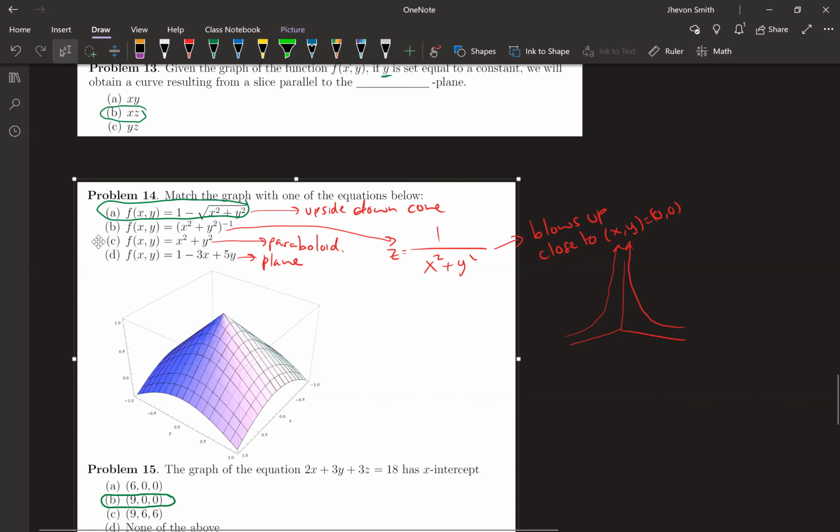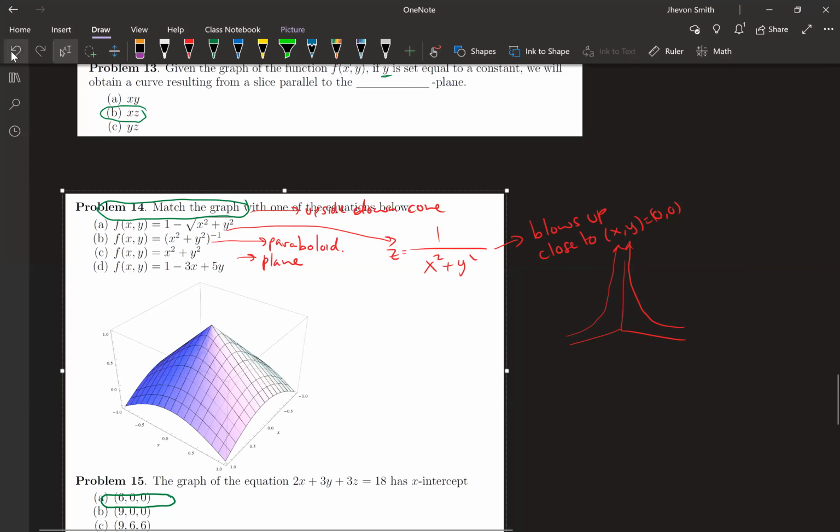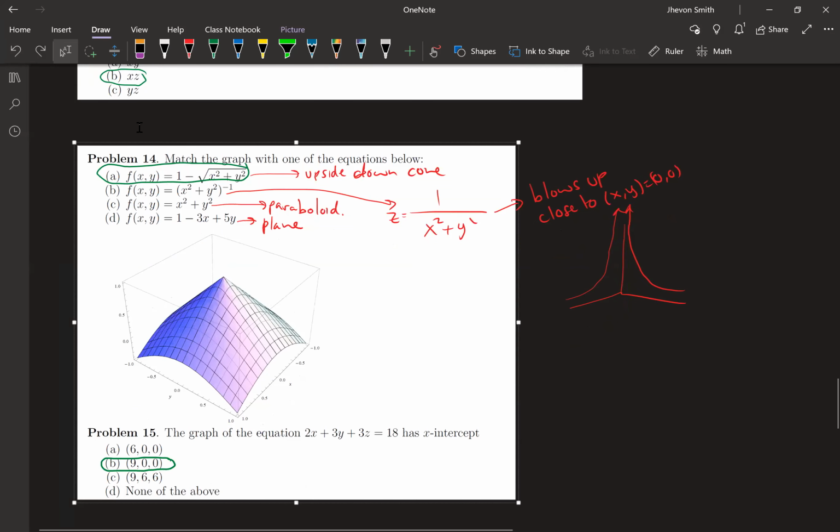So if someone just says, I guess B is the answer, with no explanation, versus someone who tells me, well, I know D is a plane and I know C is a paraboloid, so it's not one of those two, I'm not sure if it's A or B, so I guess B. That student would get more credit than the first student.